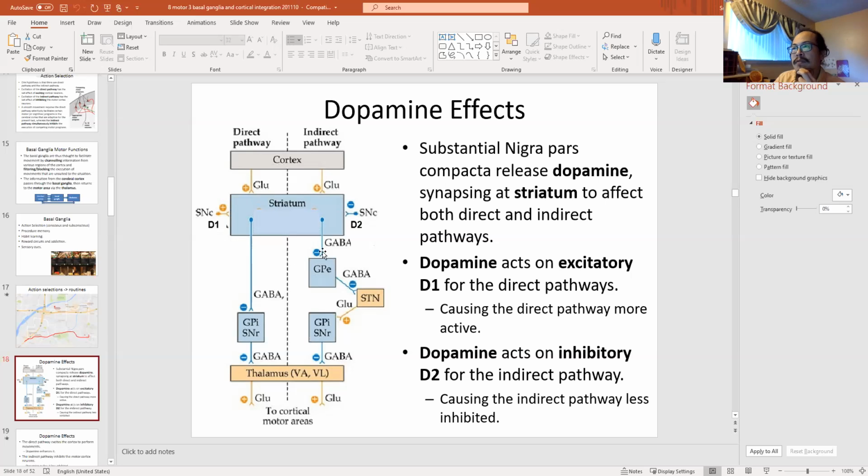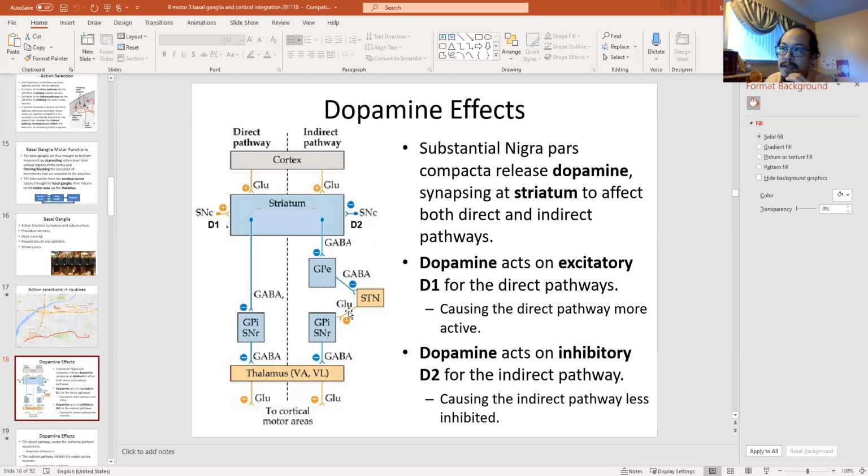So when the dopamine is released in the striatum, it will act on both D1 and D2 because it is diffused around. Binding on D1 will excite the direct pathway. Binding on D2 will inhibit the indirect pathway. And we already know that the direct pathway is an excitatory pathway.